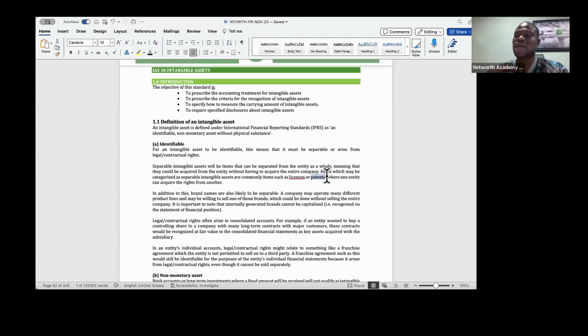In fact, no other person can copy what you have done. So that's a patent, an intangible asset. And if you wish, you can sell it to another party.